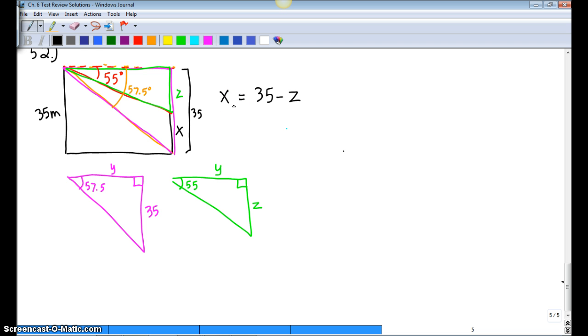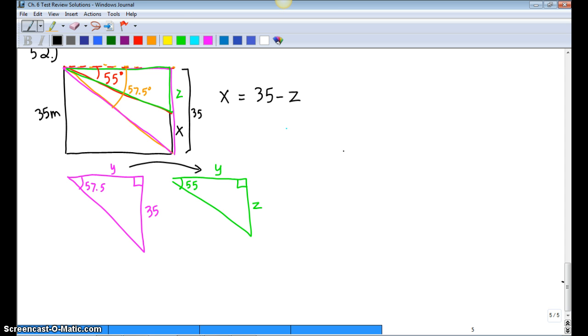So based on this little purplish pink triangle here, we can find our y value. Once we find y, we can plug it in here, and then we have our only one unknown, our z. And then you just take 35 minus our z distance. So let's do that. Finding our y value.